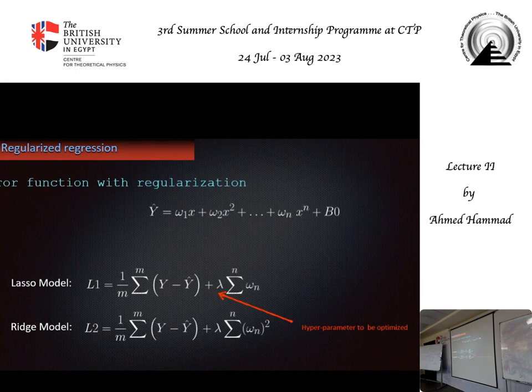I think the first one, the last model, will decrease the error, decrease the cost function if we put negative values for the omega. No. This is just the structure of the function. We don't add any negative values. Omega 1 cannot be negative, omega 2 cannot be negative.